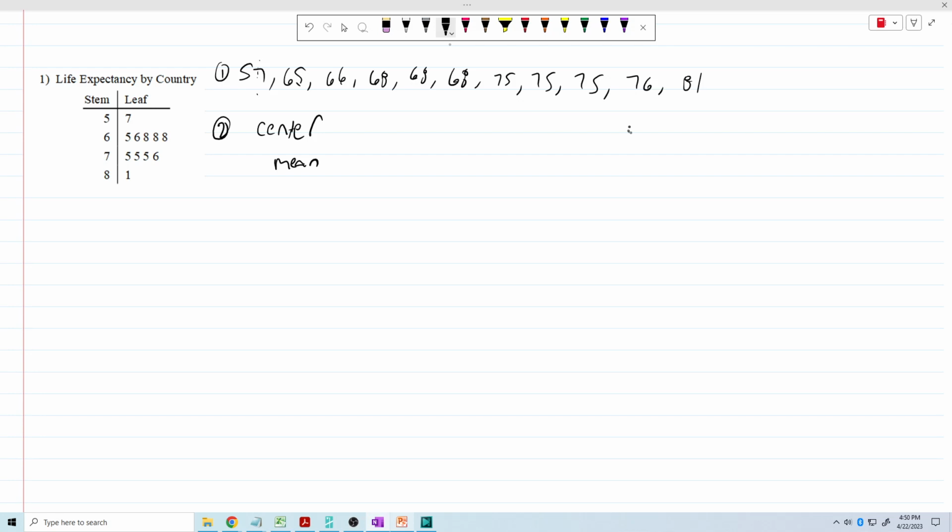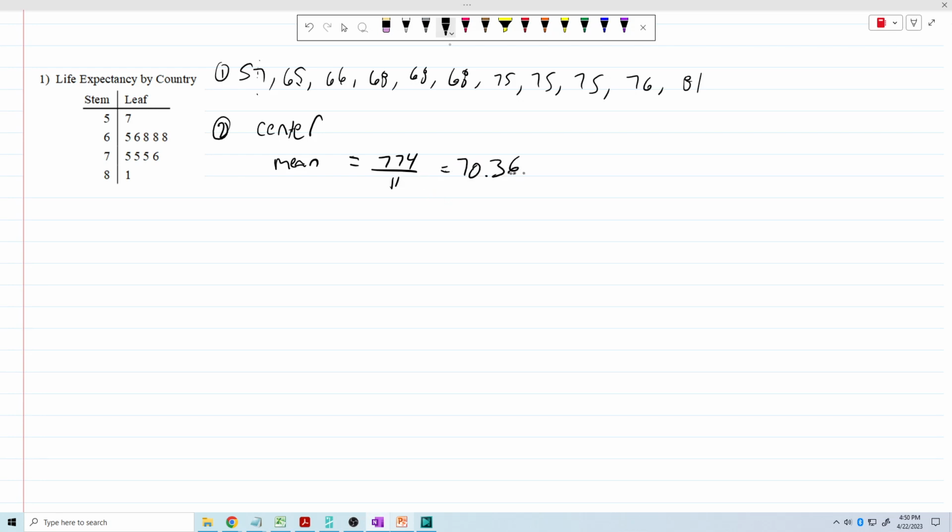When I add all of those up, I get 774. Now divide by the total count, which is 1, 2, 3, 4, 5, 6, 7, 8, 9, 10, 11. Divide by 11, and we get 70.36.